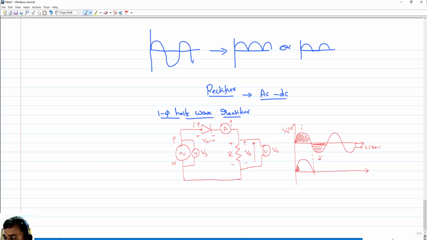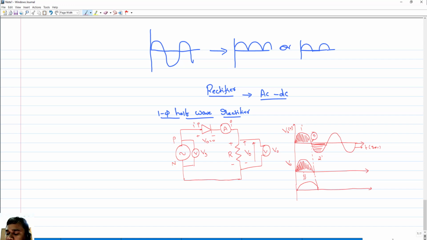Till this point, whatever shape we give, the same shape is observed as V naught. Of course the current I naught, that is V naught by R, will also come into the picture. It may be high or low, but the shape is similar.